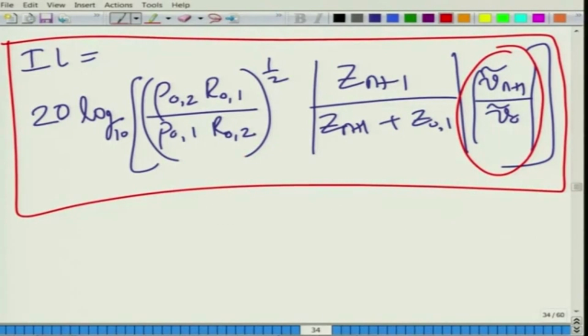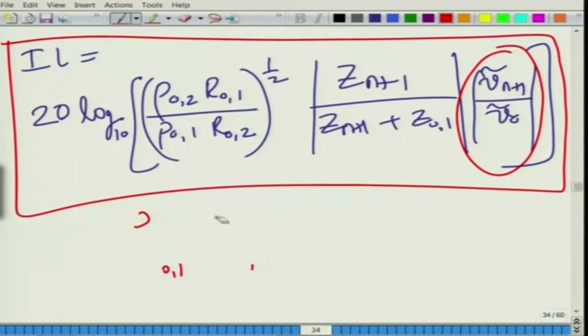Often we assume that rho naught 2 is equal to rho naught 1, and radiation impedances with and without the muffler are assumed to be the same. We can assume that without making the system too complicated.